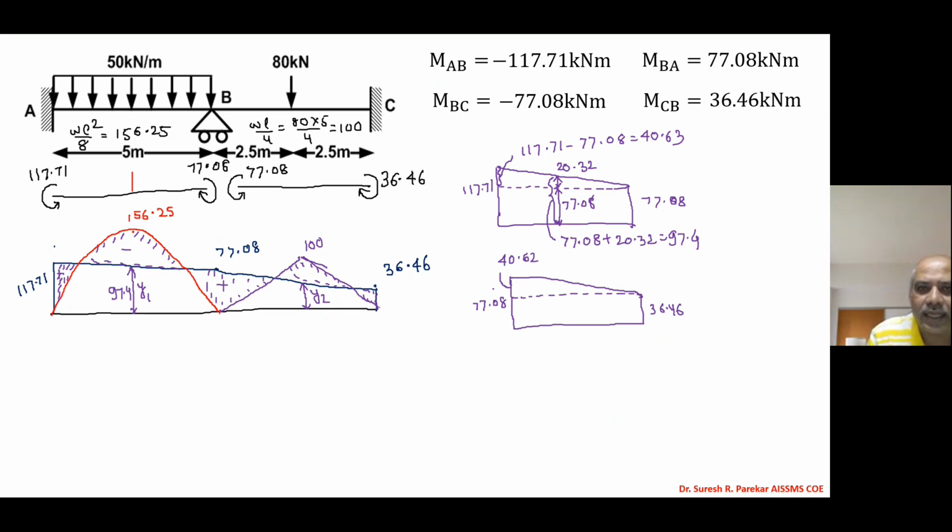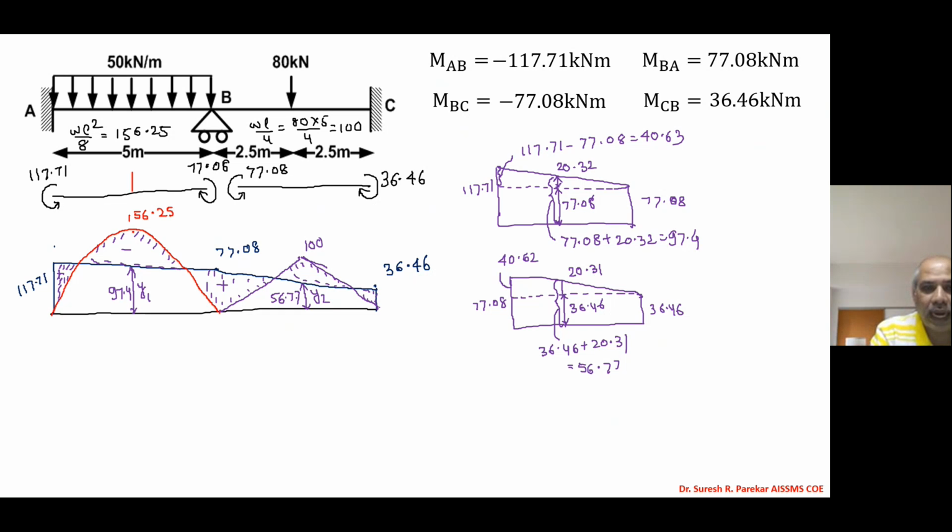And again this is at center, so we have half, 20.31. We have this value 36.46. And this total we will get as 36.46 plus 20.31, and that is equal to 56.77.